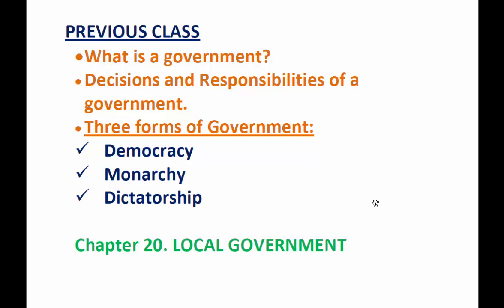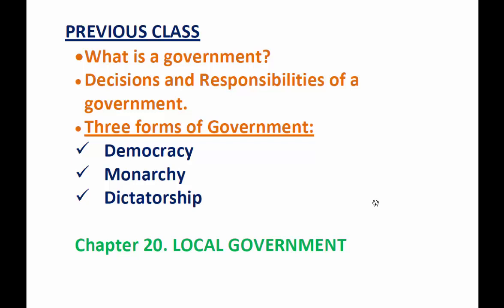And we also learned some of the decisions and responsibilities of a government, like construction of roads, construction of marketplaces, looking after the poor people, etc. We also discussed the three forms of government, which include democracy, monarchy, and dictatorship.